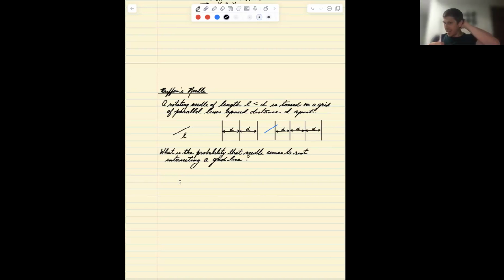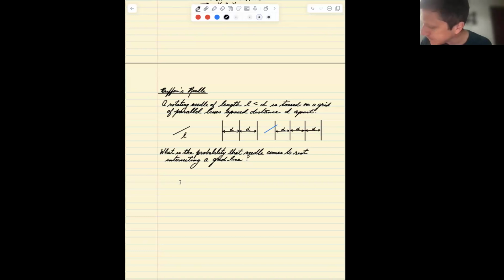The chance of it falling exactly on a grid line is pretty much zero. So not only does the location where the needle falls, but also the angle affects whether it's going to intersect the grid line. So we're going to jointly model two aspects of this to get the answer.